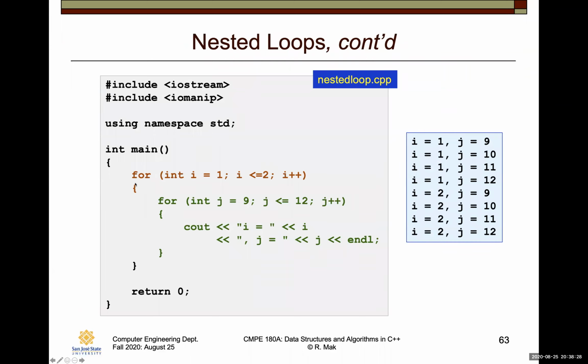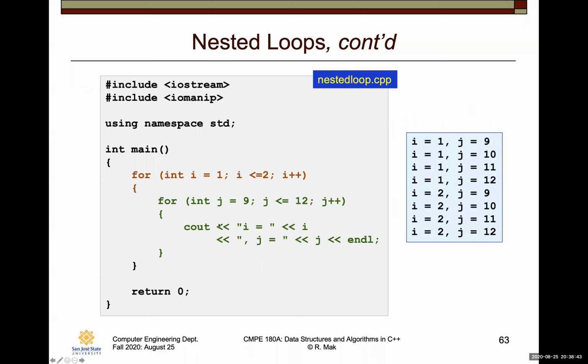Here in red is the outer loop, and in green is the inner loop. For every time the outer loop goes around once, the inner loop will go around as many times as necessary.